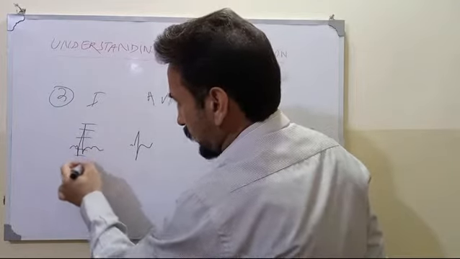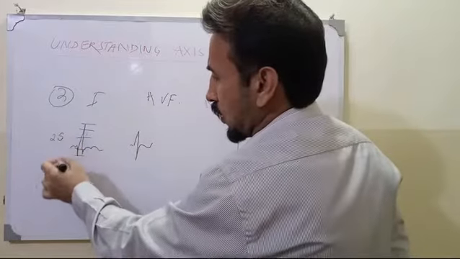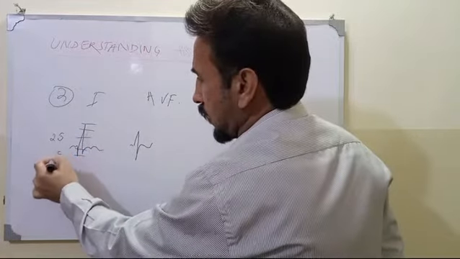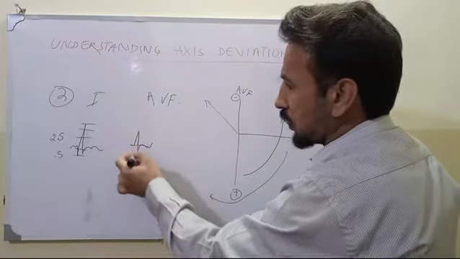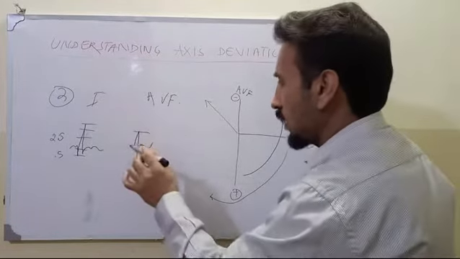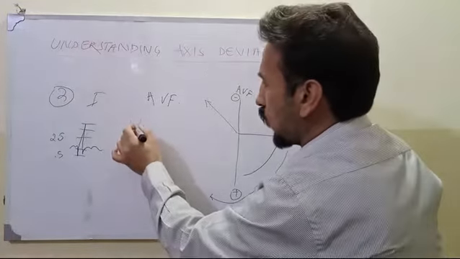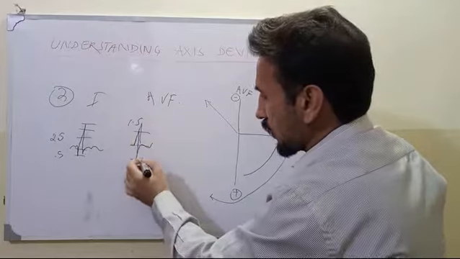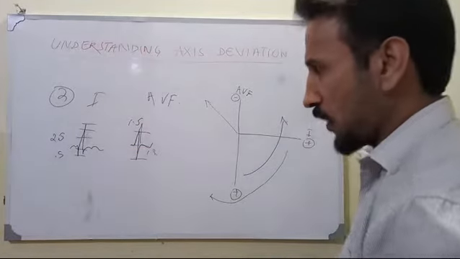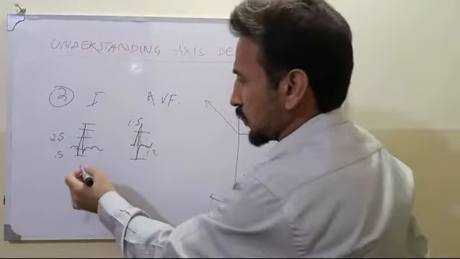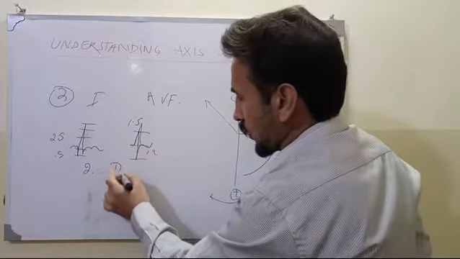And in AVF the upward deflection is 1.5 and the downward is half. Now we will take the net. This is 2 big squares and this is 1 big square.